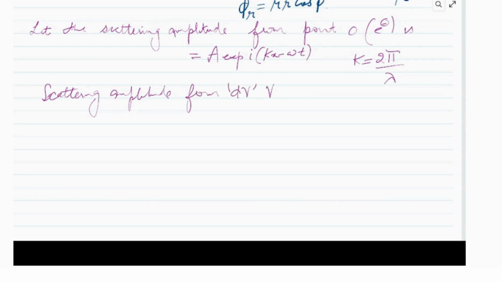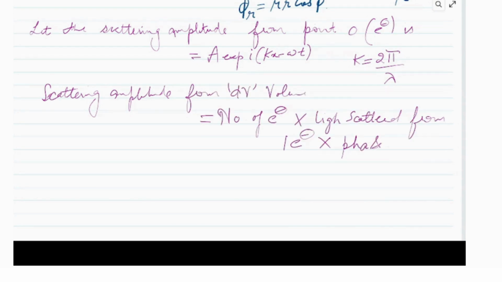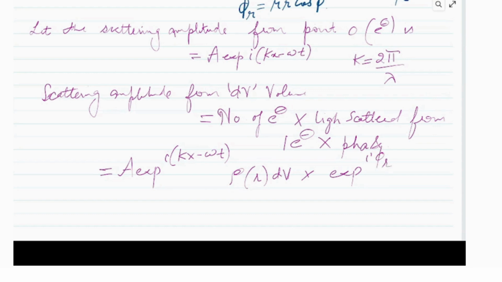So it will be the number of electrons in that dV volume multiplied by the amplitude of X-ray scattered from one electron multiplied by the phase, because here the phase plays an important role. There is a phase difference between those two scattered lights. So the number of electrons we have calculated to be rho r dV. Light scattered from electron is already written, and the phase will be exponential of iota phi r.